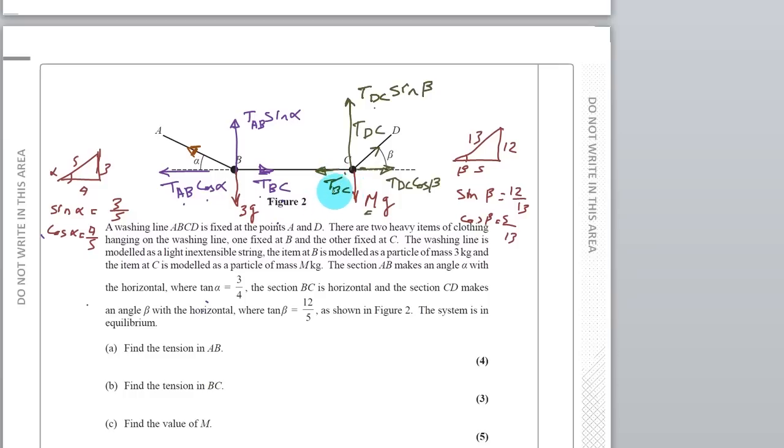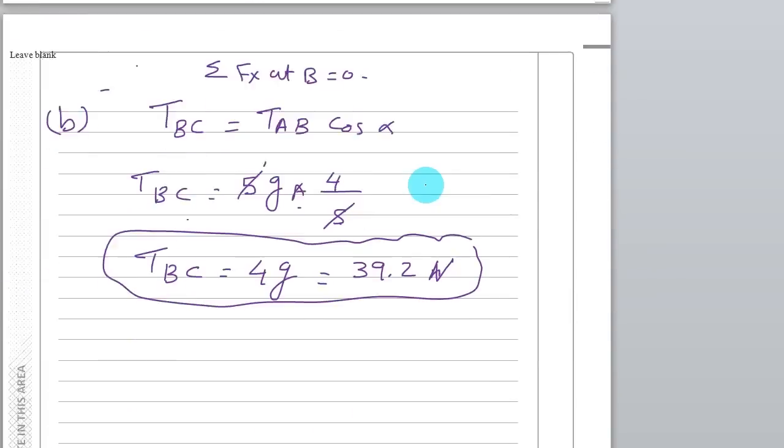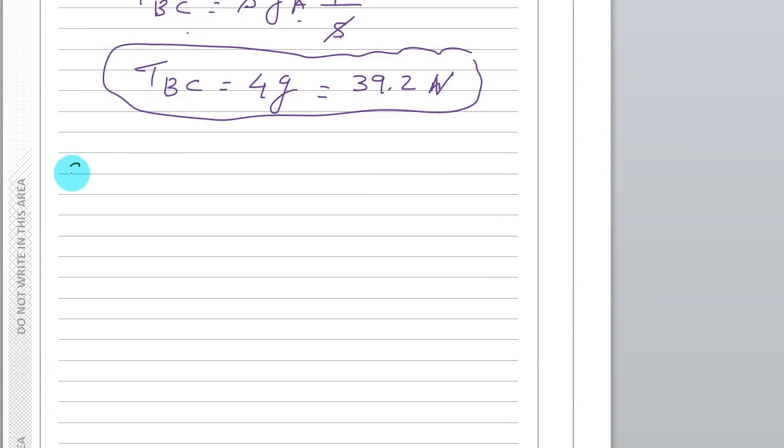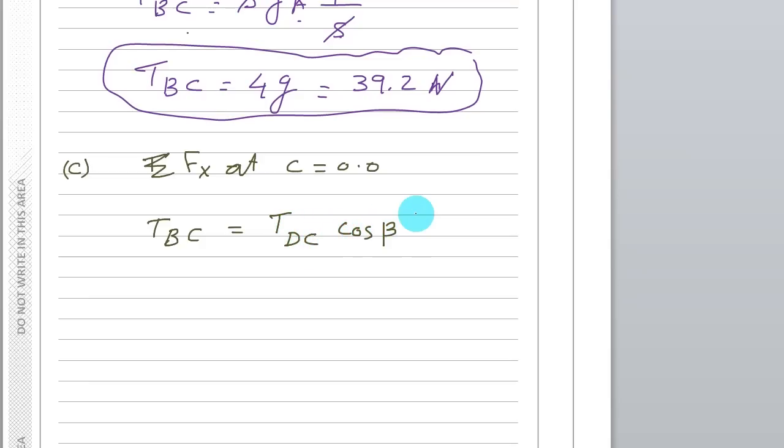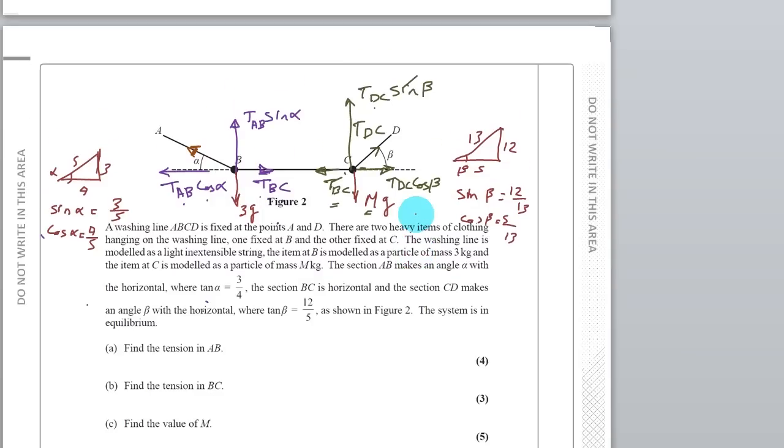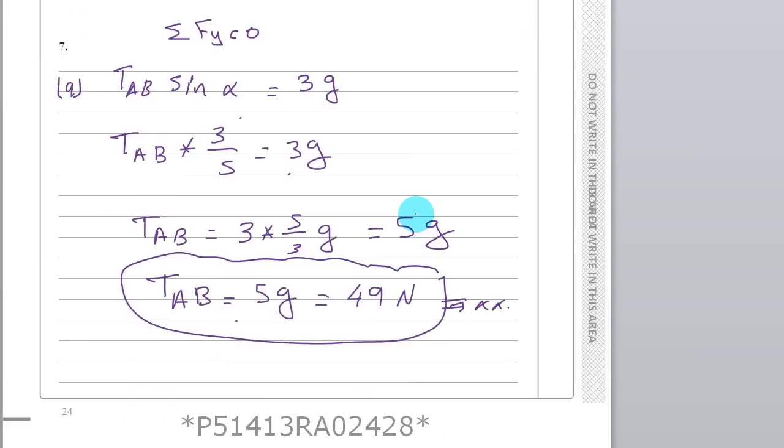So sigma F_x equal to 0, T_BC is equal to T_DC cosine beta. Let us add this equation. So at C, sigma F_x equal to 0. T_BC is equal to T_DC cosine beta, where cosine beta is 5/13.